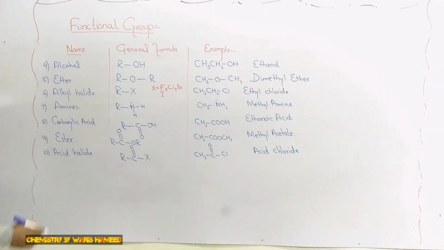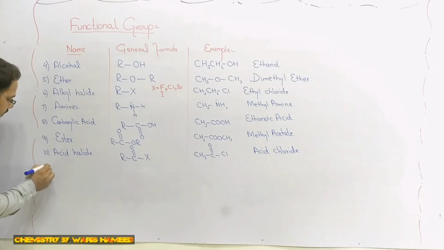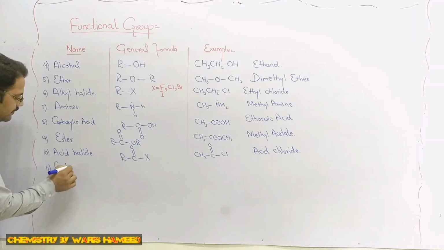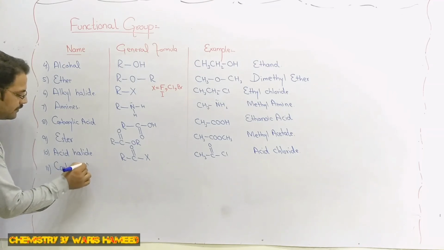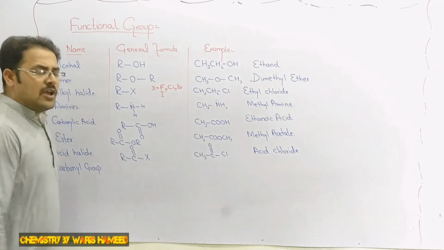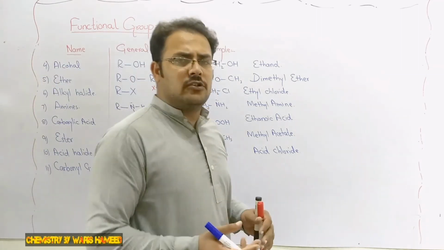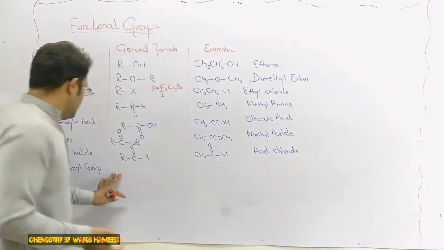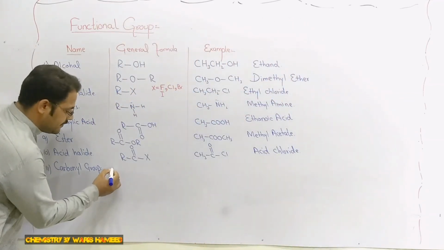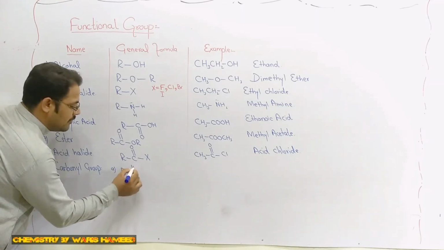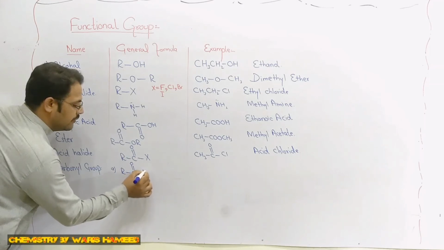Another functional group is the carbonyl group. The carbonyl group has two main functional groups. First is aldehyde and second is ketone. In the case of aldehyde, R group, carbon, double bond oxygen and hydrogen.